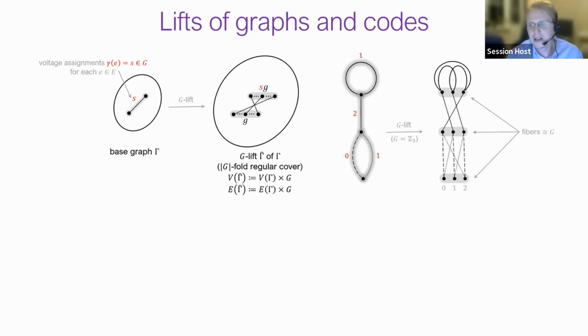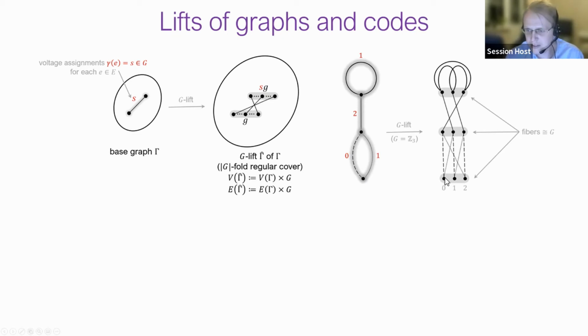This way we obtain the G-lifted graph. For example, we can consider such a small graph, and we can consider this cyclic group that consists of 3 elements. After the G-lift, we obtain this graph. Here, for example, we have a shift value equal to 1.